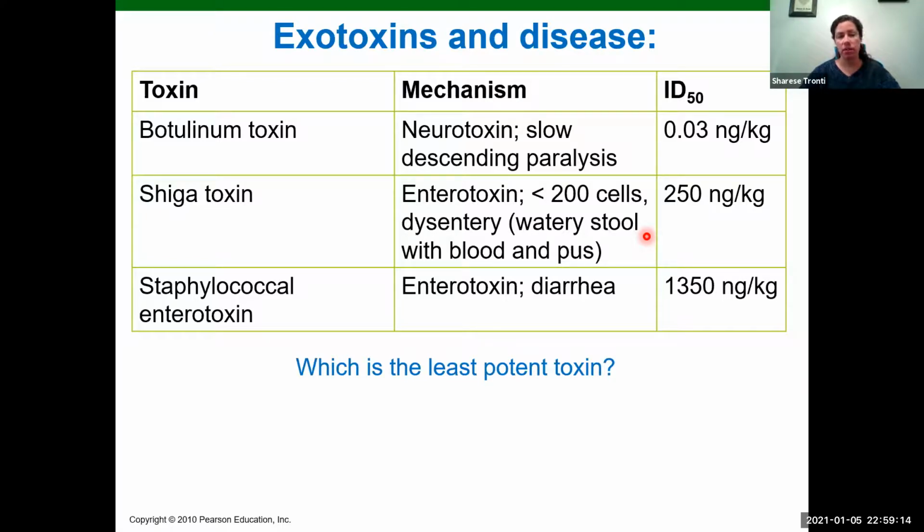So that's another enterotoxin that causes diarrhea. So looking at the infectious doses, these would be getting less and less potent as we go down, because this one requires a lot more of that toxin to cause disease.